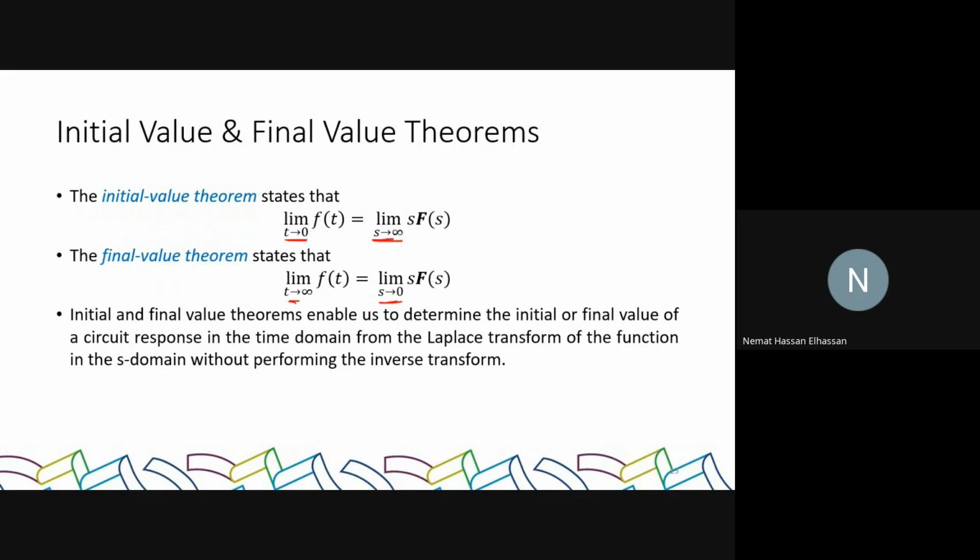When you run a car's engine, if you look at the gauge, it starts a little higher and then it stabilizes. You have an initial value, which is a little high, and then a final value, which is the stable value. So this is why we use this theorem in circuit analysis.